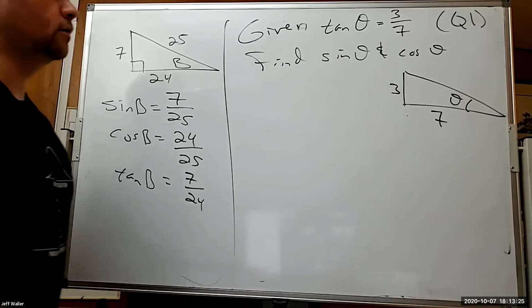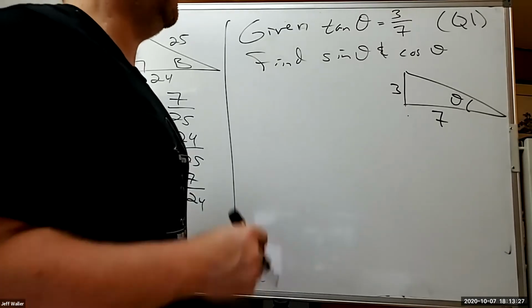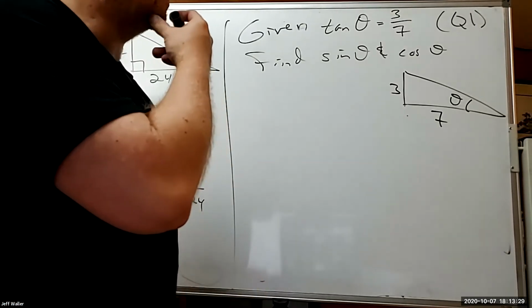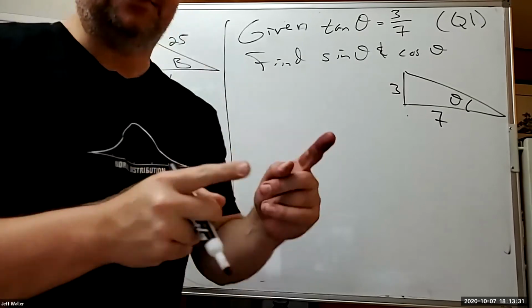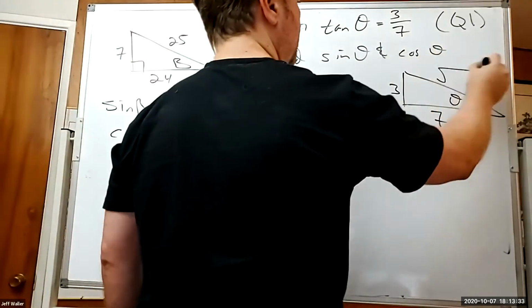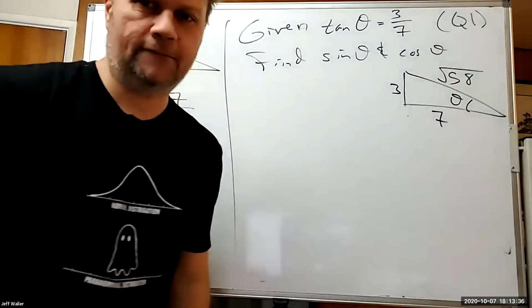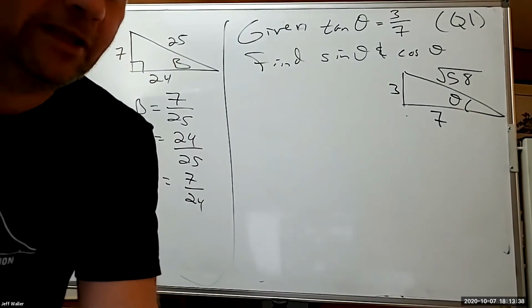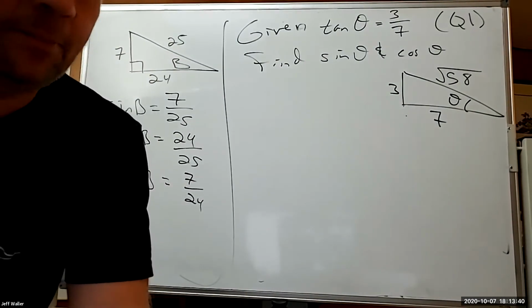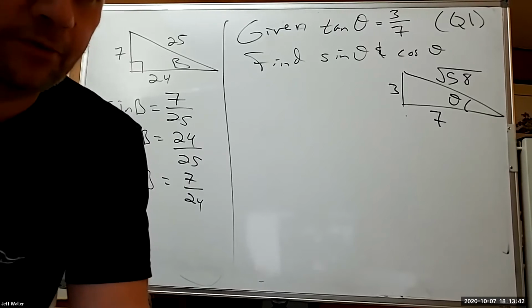No, definitely not. Wait, the square root of 58. Yes. I like it when people are like, "I was close." But yeah, you got the right first step. Don't forget to square root that bad boy.